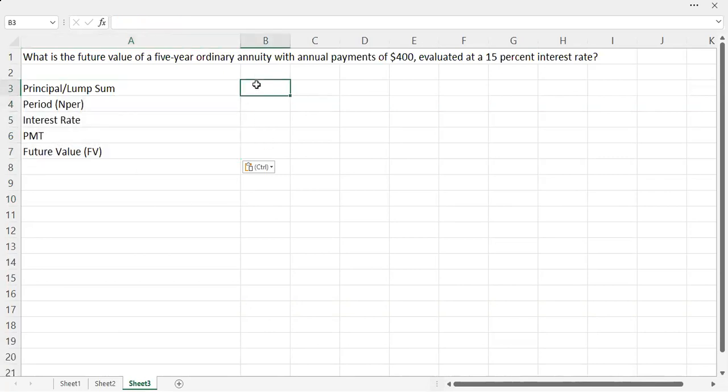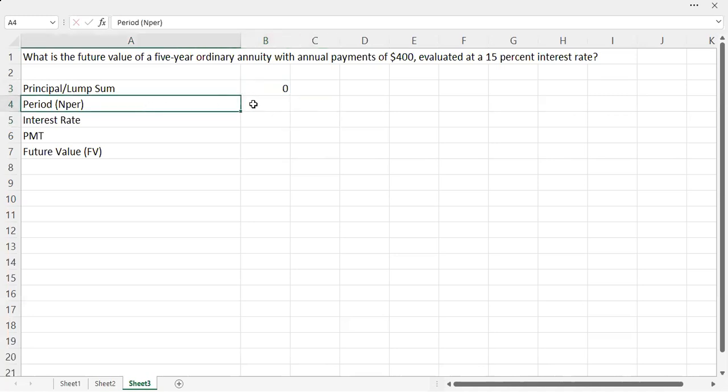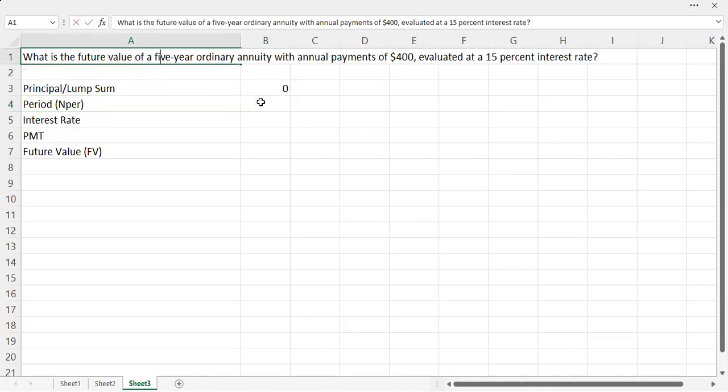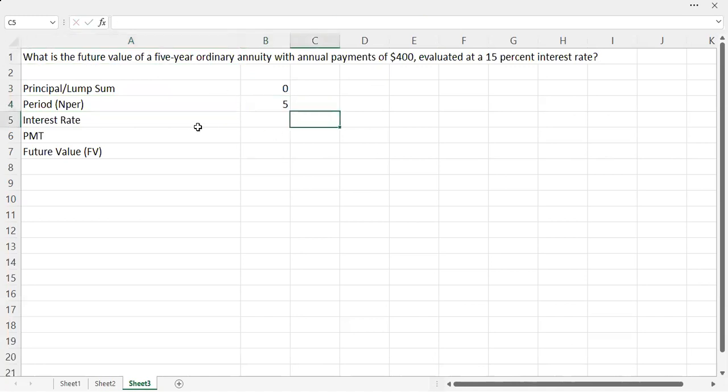What's the principal lump sum? Did we start with anything here? No, we did not, so we set this as 0. The period is 5 years, so we set that for 5 years. What's the interest rate? 15%. Your payment here is annually $400.